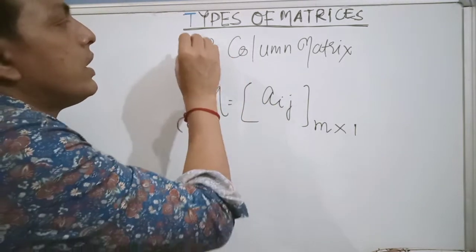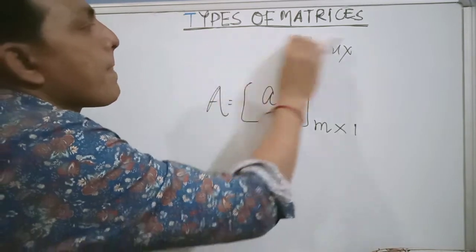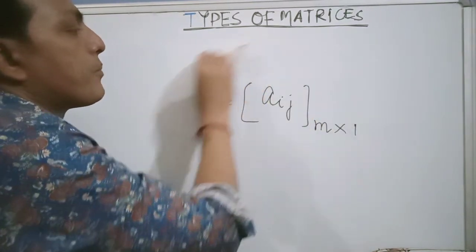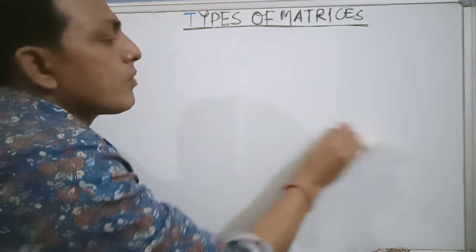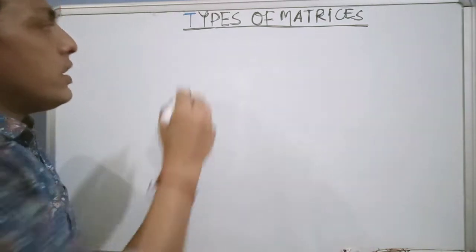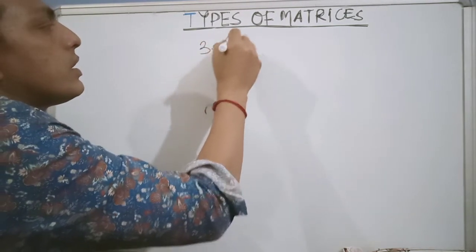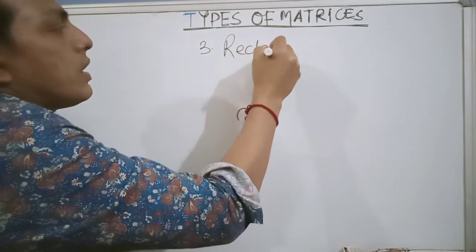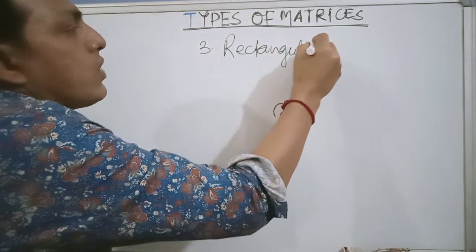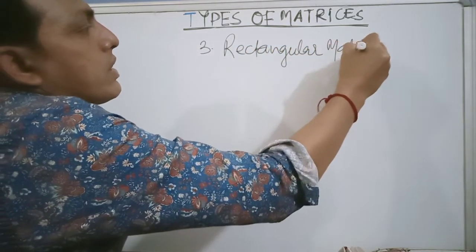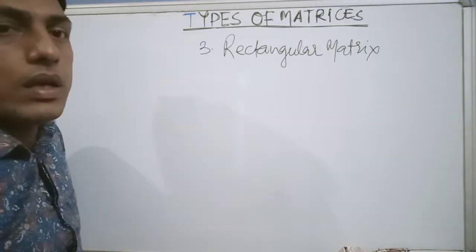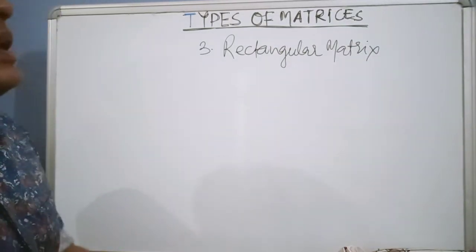Alright, number 3 is a rectangular matrix. Rectangular matrix means rectangle.